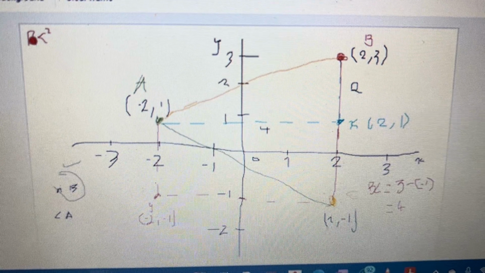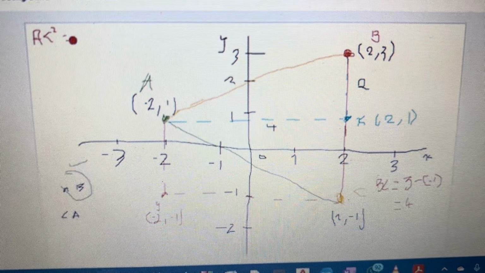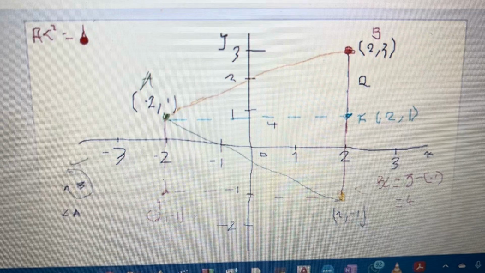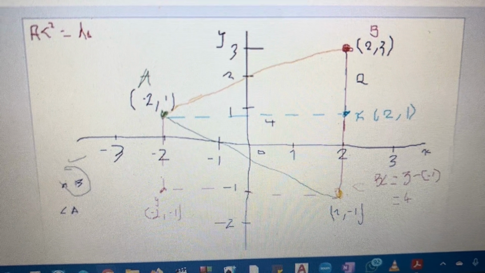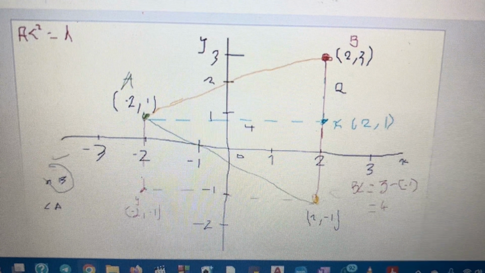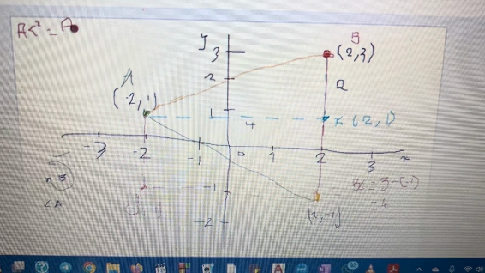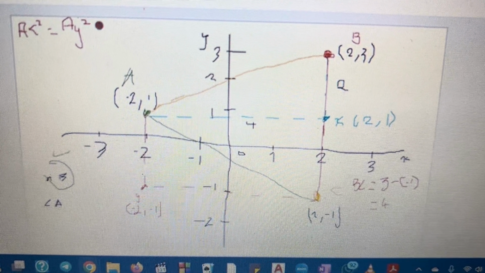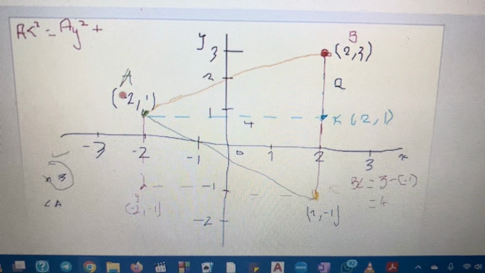is equal to the distance from A to Y, so AY squared plus the distance CY squared.